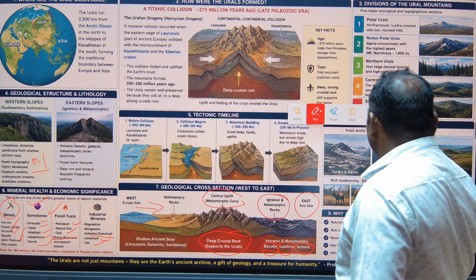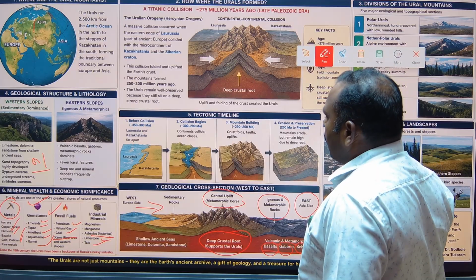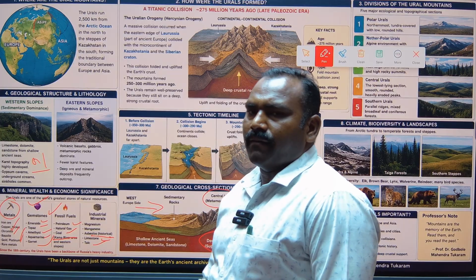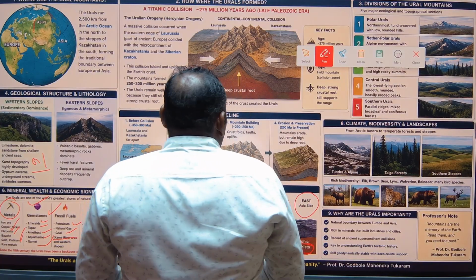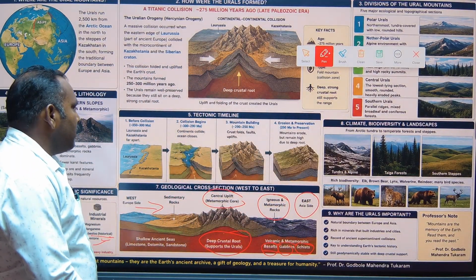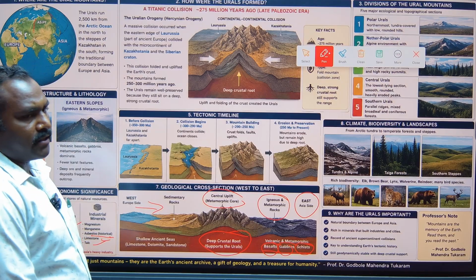While talking about the stages of the chronological history of the development of the Ural mountain, before approximately 350 to 300 million years ago, Laurasia and Kazakhstan were far apart.